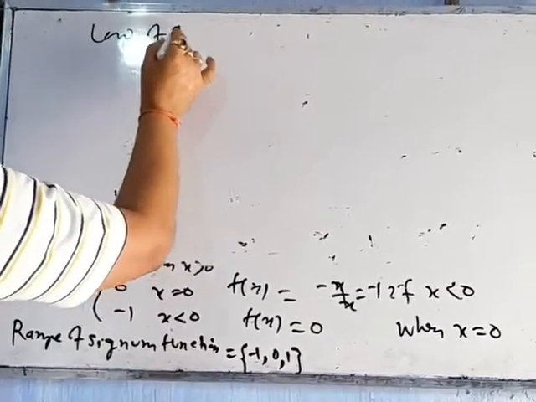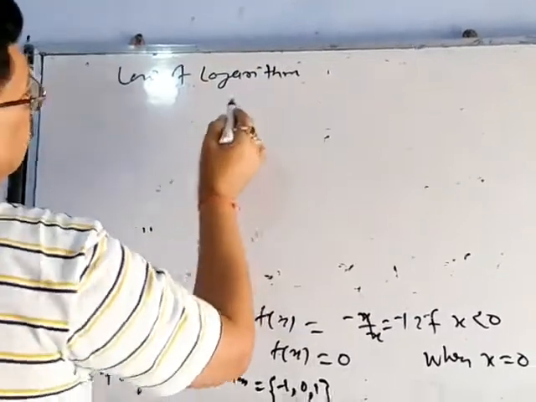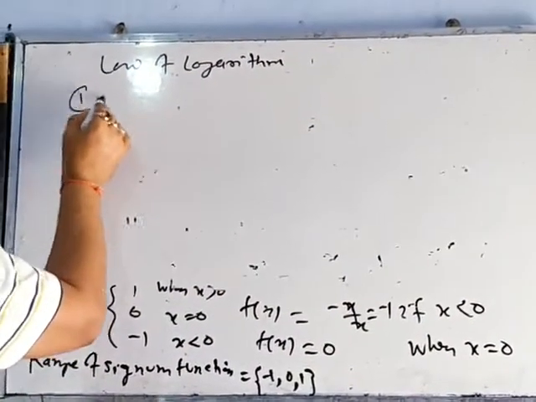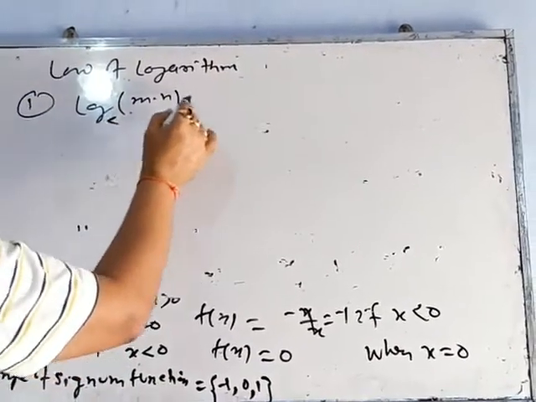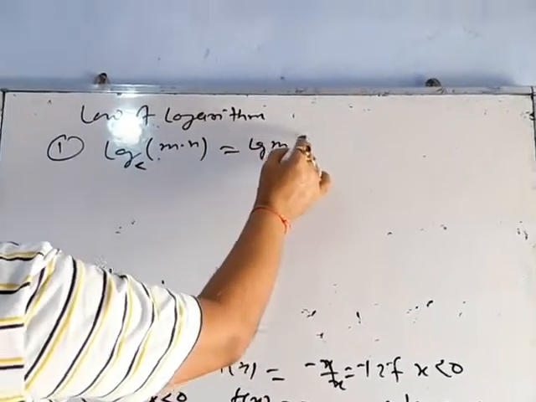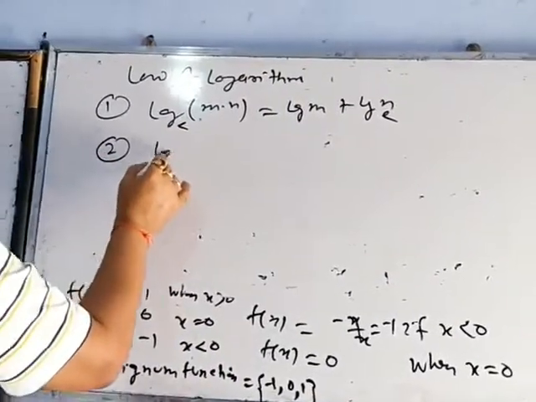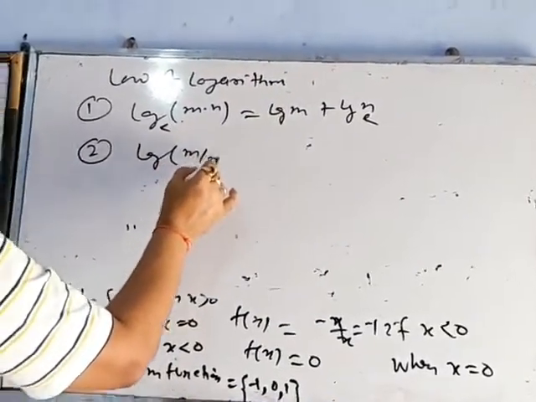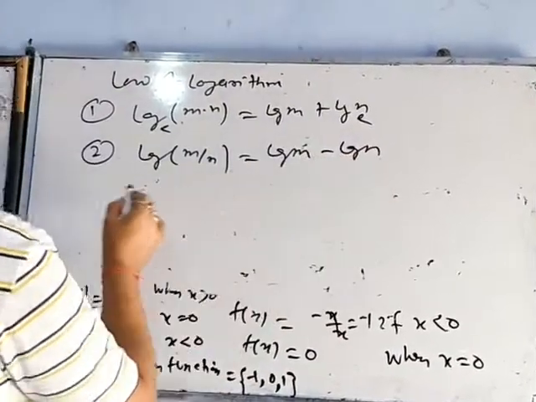Laws of logarithm. First, log m into n to the base e is log m plus log n to the base e. Log m by n is log m minus log n.